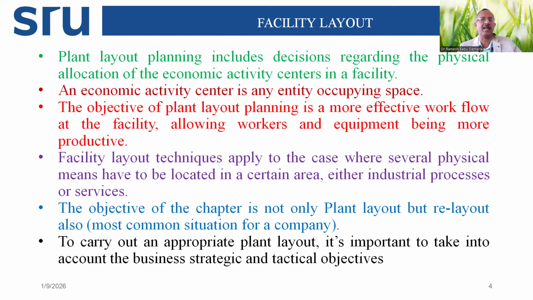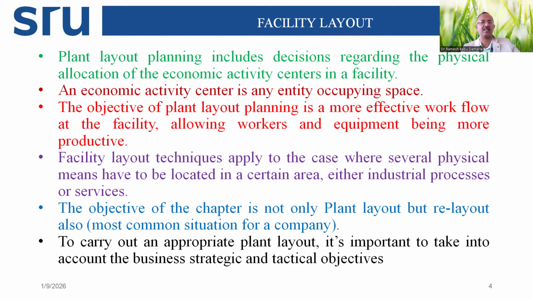So a plant layout planning includes decisions regarding the physical allocation of the economic activity centers. These economic activity centers can be assembly lines, processing lines, various manufacturing activity centers. This also can be a warehouse, or a distribution center.